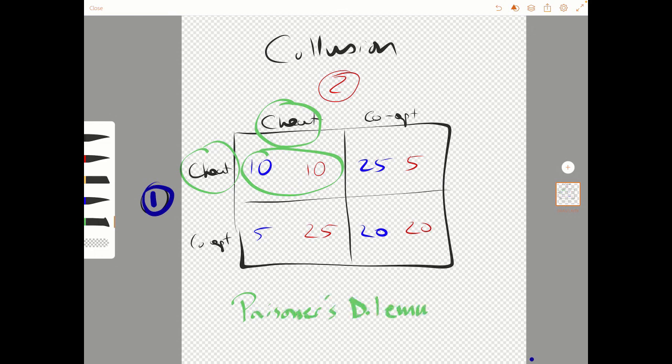What do we have here? We have a prisoner's dilemma. The collusive outcome is the better outcome, but cheating is what almost always happens because of the dominant strategy. This brings us to one final point, and that is sometimes games are one shot, sometimes games are repeated.